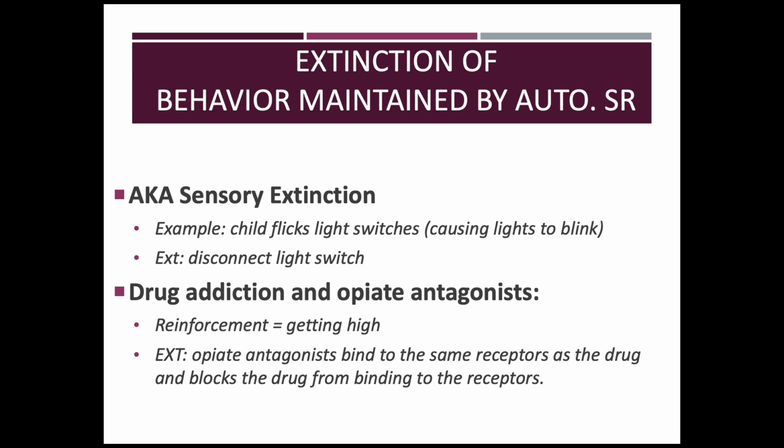If the behavior of flicking the light switch is maintained by the light going on and off, you can go to the length, and I've seen families do this, of disconnecting the light switch. Suddenly the child flicks the switch, the lights no longer blink, so the sensory reinforcement is not there. After several days, light switches are no longer interesting. That's what we're doing.